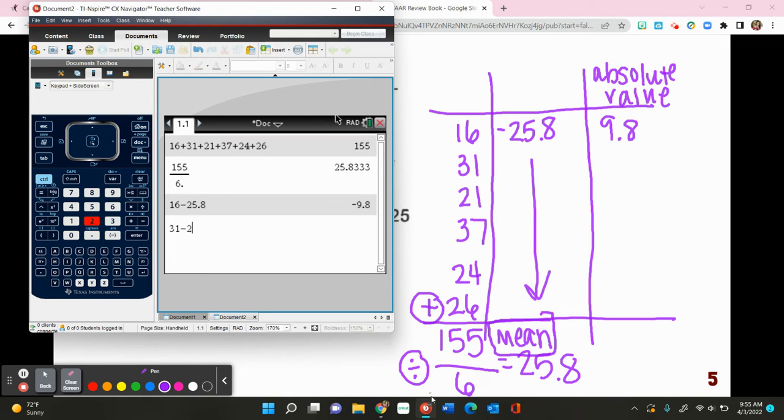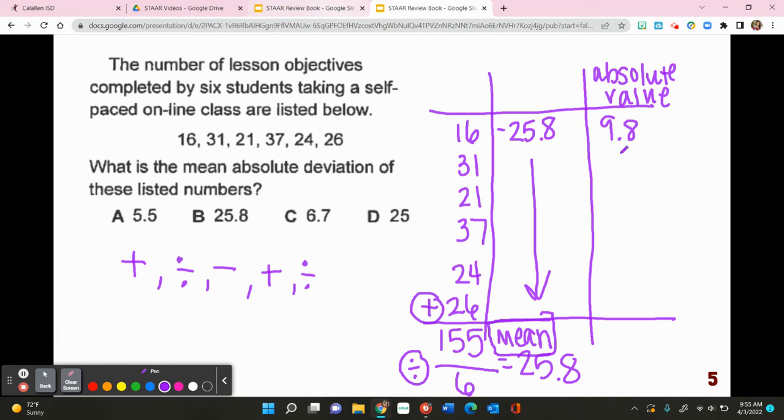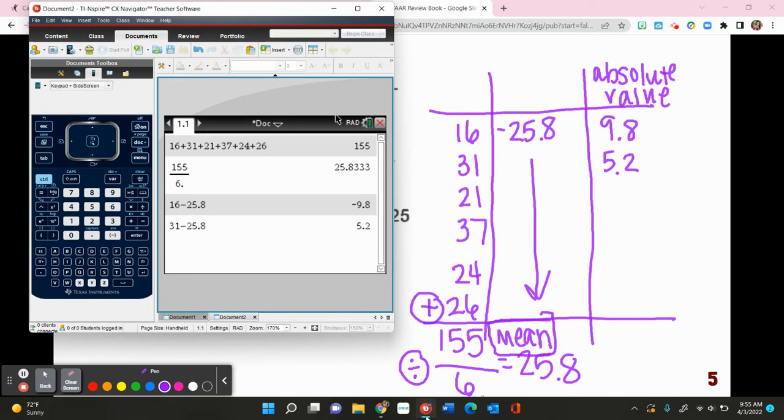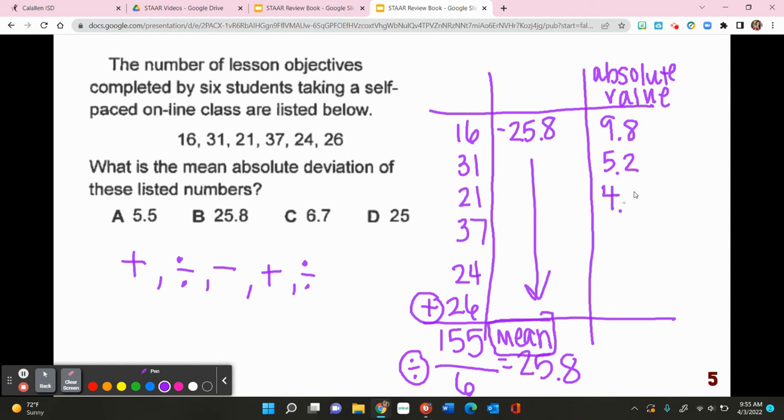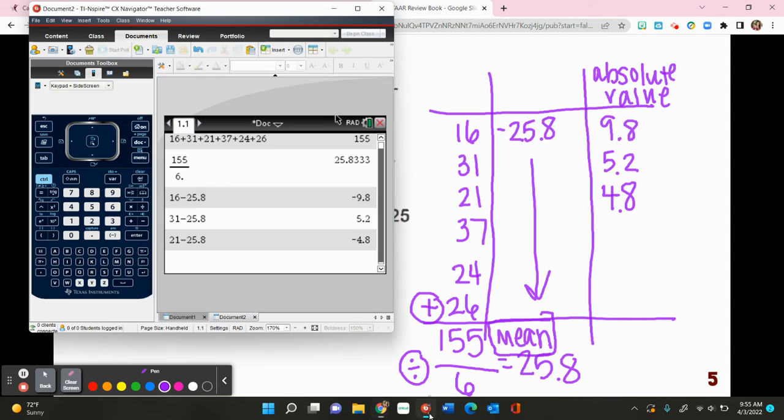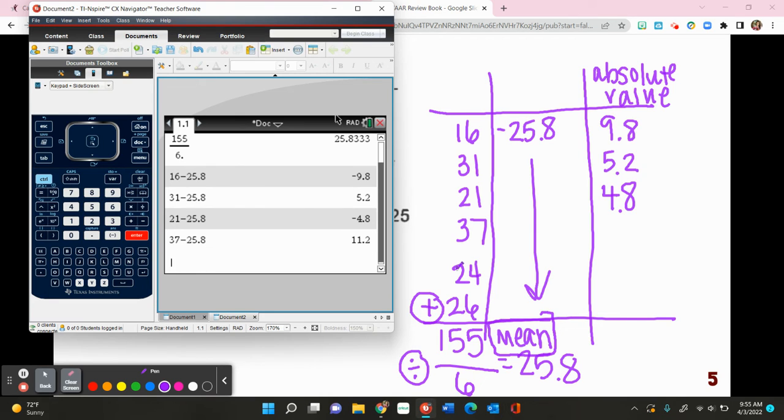So then we have 31 minus 25.8, and we get 5.2. We have 21 minus 25.8, and we get negative 4.8. But again, absolute value, so just 4.8. We have 37 minus 25.8, and we get 11.2.